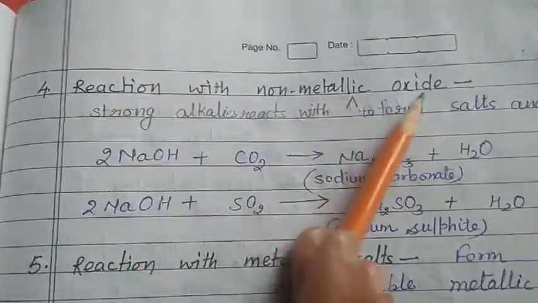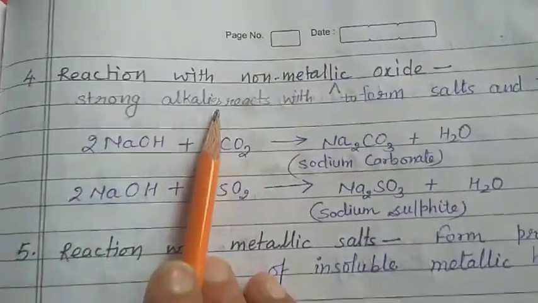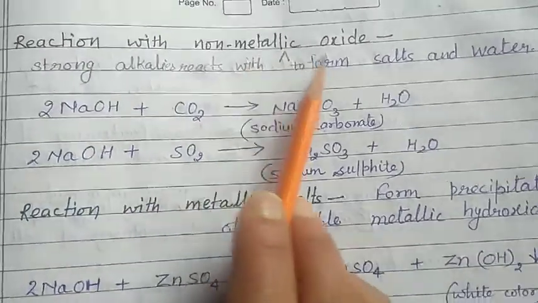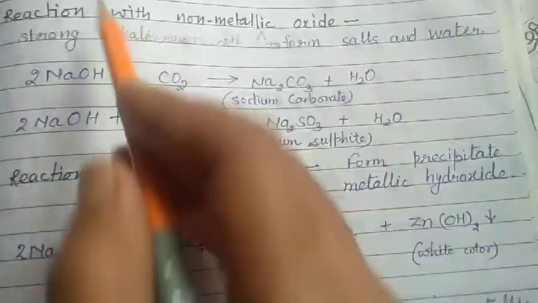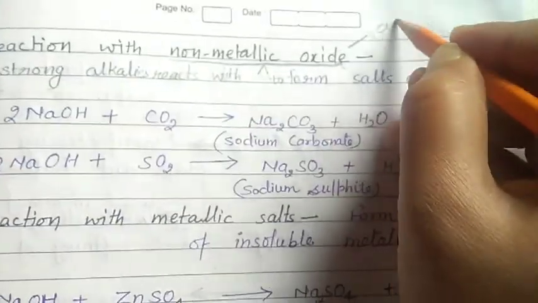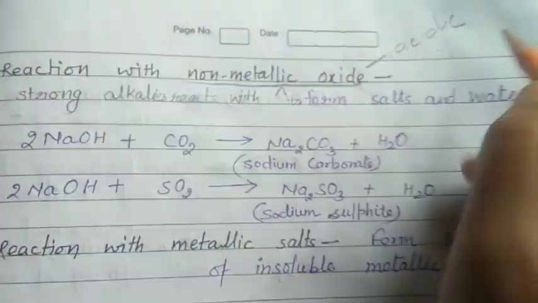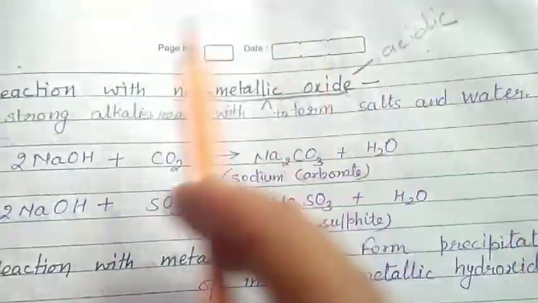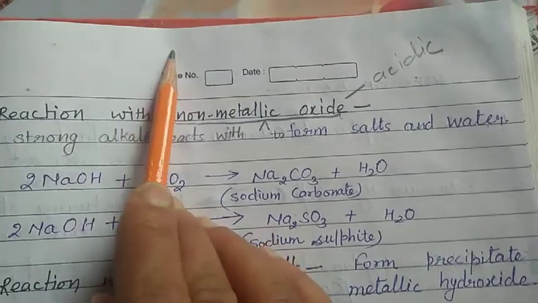Reaction with non-metallic oxides. Strong alkalis react with non-metallic oxide to form salt and water. Because I already told you that non-metallic oxides are acidic in nature. So if a base reacts with a non-metallic oxide, basically it's a reaction of a base and an acid.